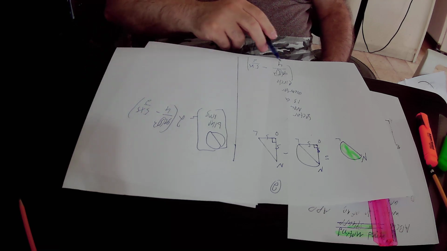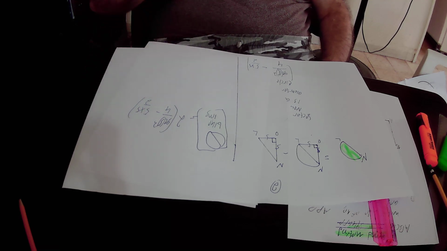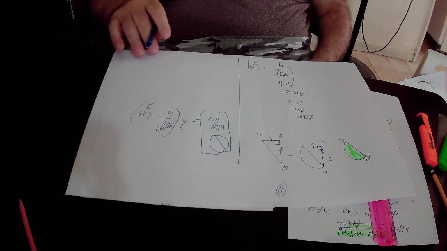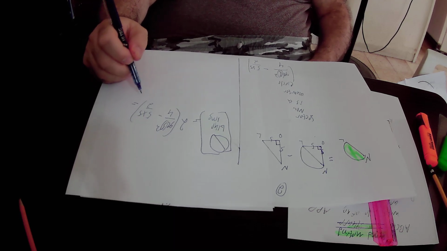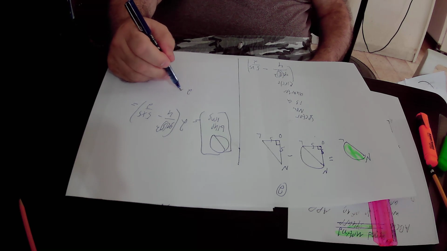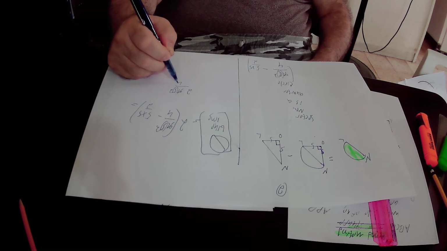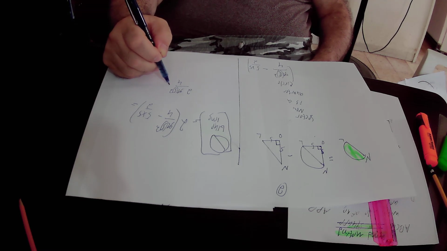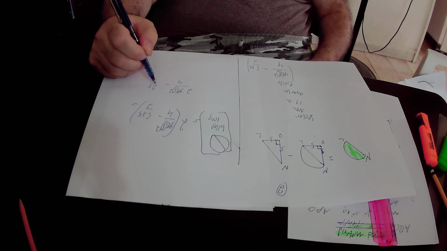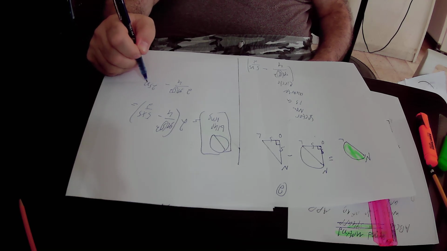So here we'll open the bracket and we get 2 times pi 5 square over 4 minus 5 times 5 is 25, so it is 25 times 2 over 2.